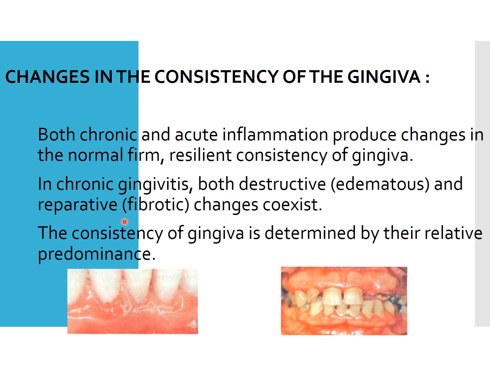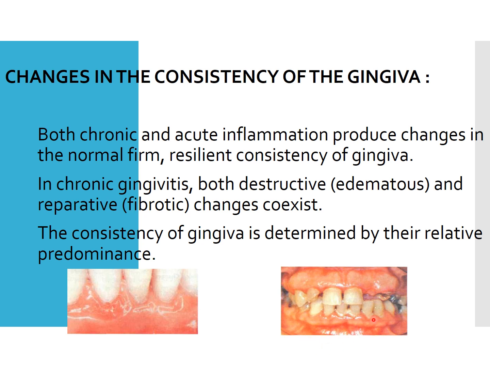In chronic gingivitis, you can see either a destructive type or a reparative type, or they can coexist. In the destructive type, the consistency will be soft and edematous, as you can see in the picture. But sometimes there will be reparative changes, and the reparative stage can coexist with it, so that on the outside we see some amount of thickening, that is fibrosis, but actually the edematous wall is hidden by the reparative stage.